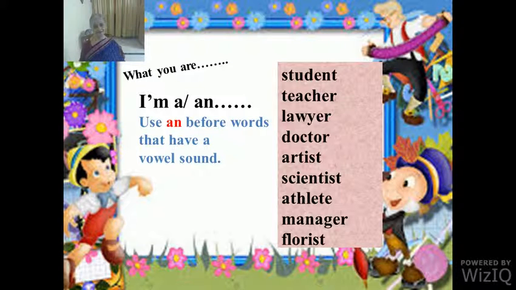And now coming back, we say, I am so and so. So you say, I'm an athlete, I'm a florist, I'm a manager. You should also check out various jobs and professions so that you can have an interactive session with this introductory class.